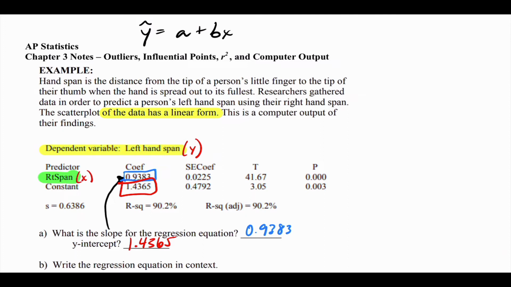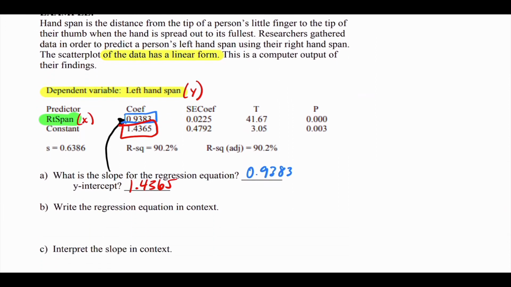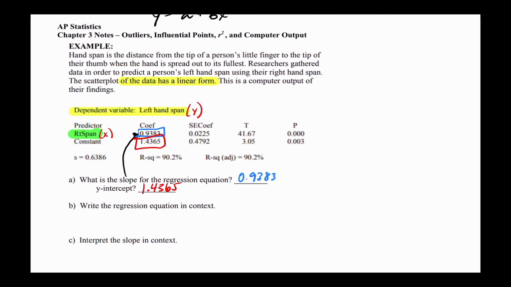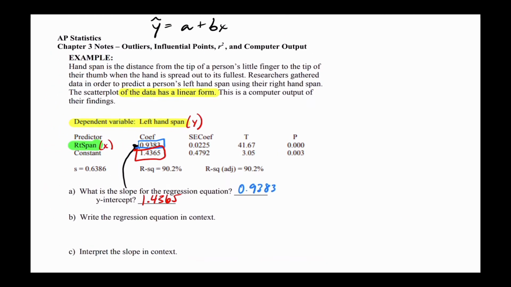So we can use those to write the equation in context, right? Instead of y equals a plus bx, we're going to write it in context. It starts with y hat. Y hat is predicted, it's always going to be predicted something. Predicted y. Well, what is y in this case? What did we say y was?